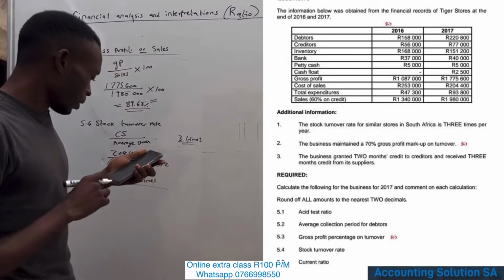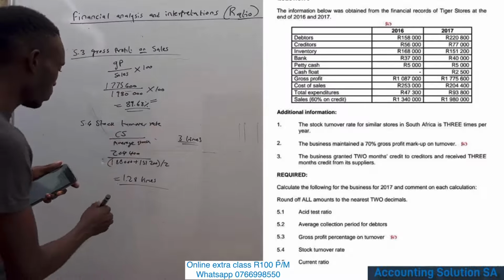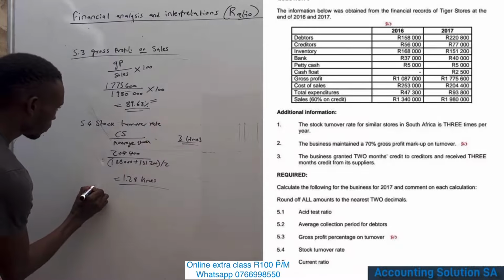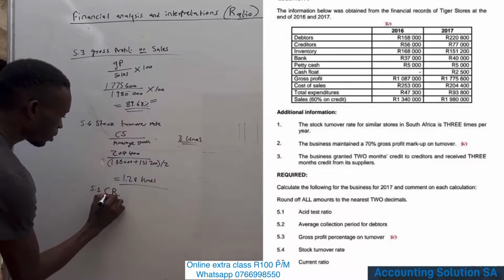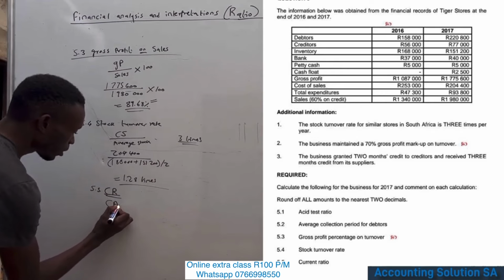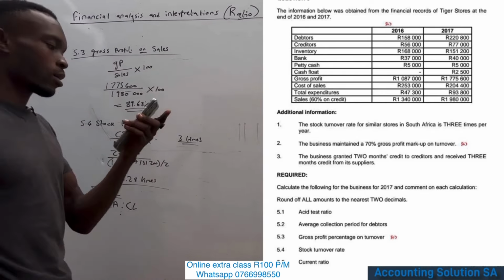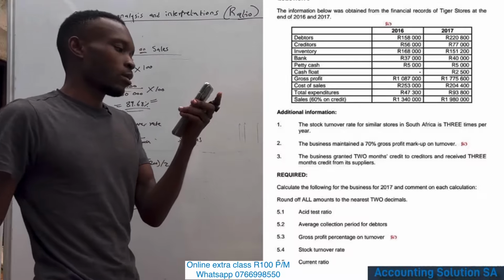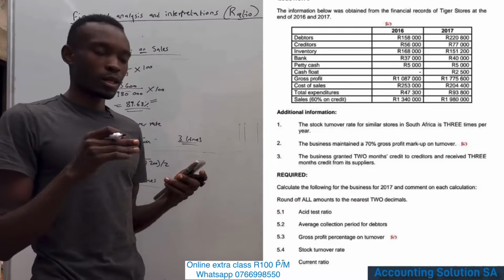Okay, then the last one, current ratio, 5.5. Current ratio, guys, is similar to the first one that we did, because it's current assets to current liabilities, and we already calculated the total of current assets by adding all those items except creditors.